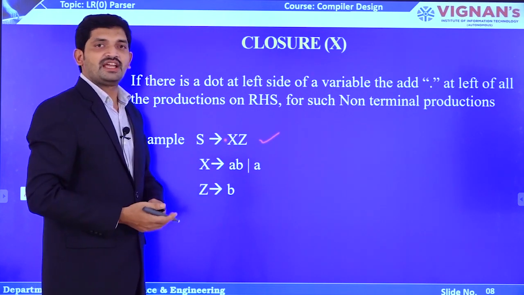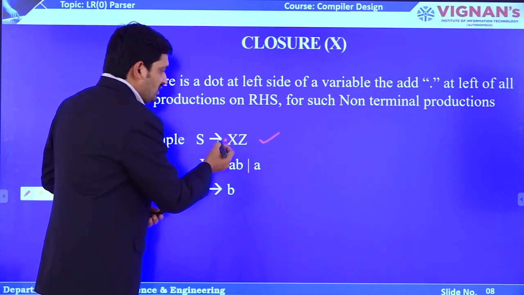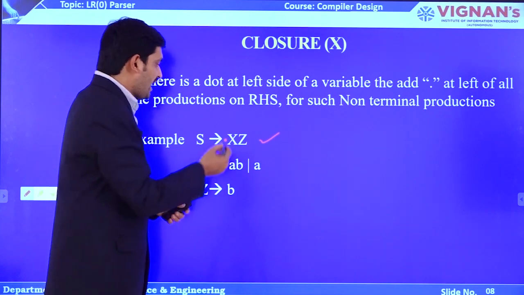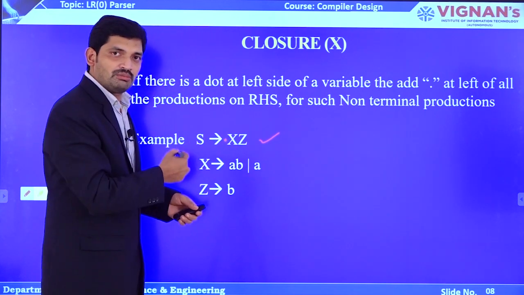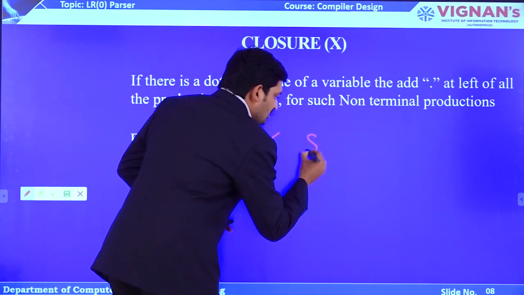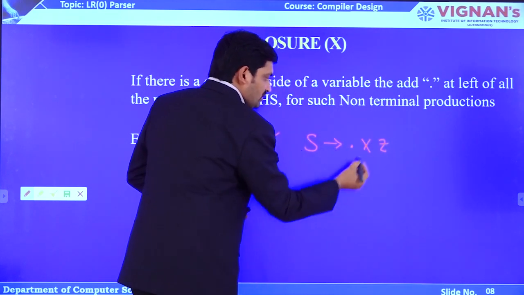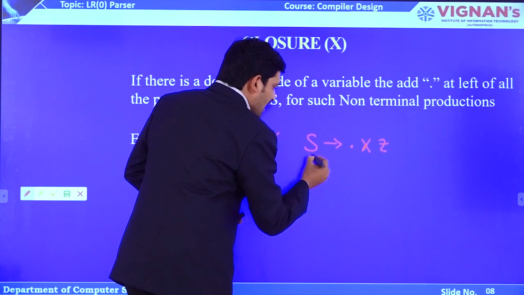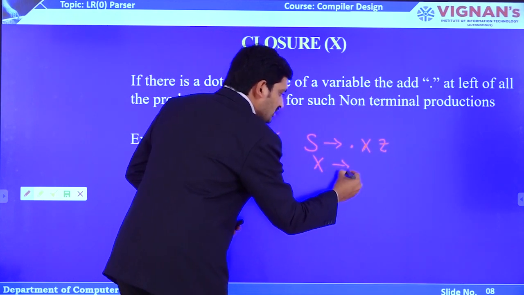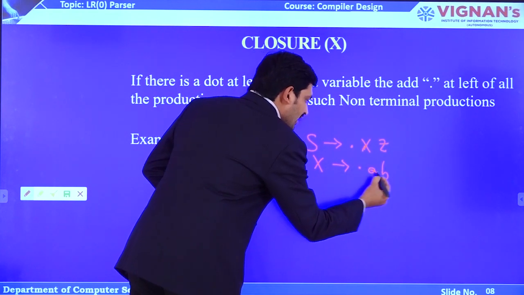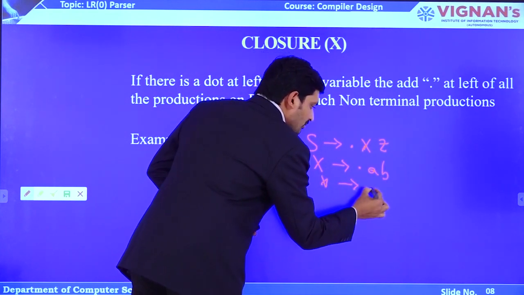Now it is called an item, and after this dot a non-terminal, which is a variable, is there. So I have to attach all the X productions: X tends to dot AB and X tends to dot B.